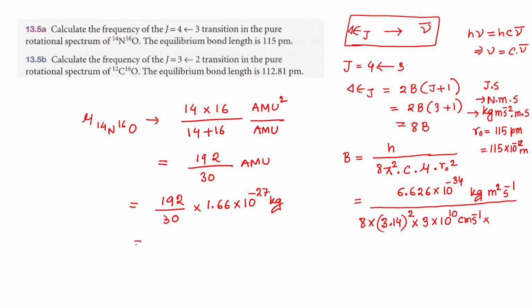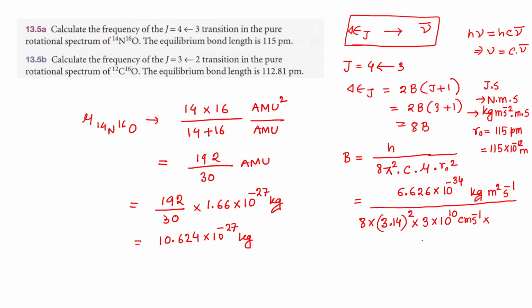And now let me use my mobile phone. I do not have a scientific calculator at this moment. The mass is going to be 192 divided by 30 into 1.66. That is 10.624 into 10 to the power minus 27 kilograms.